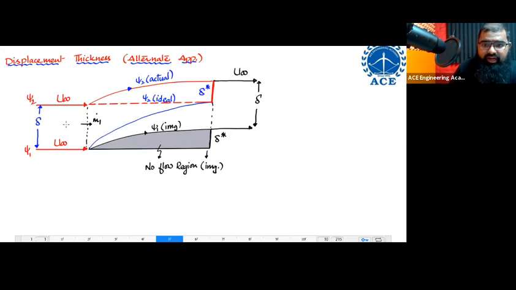From there, we are getting another definition. The definition goes something like this.